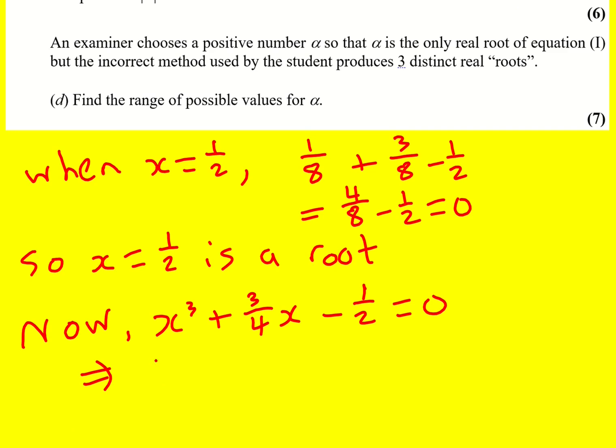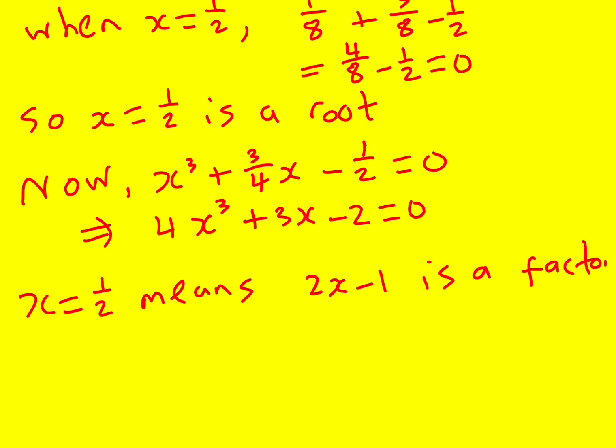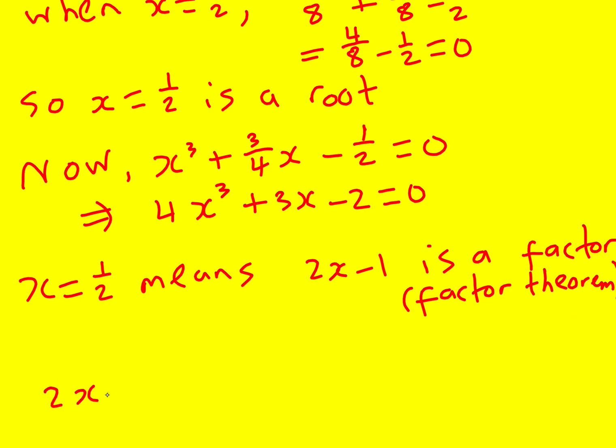This implies, if I times through by 4 to get rid of the fractions, and x equals a half means 2x minus 1 is a factor, using the factor theorem. So we can work out what we're left with if we do polynomial division or another method of your choosing.